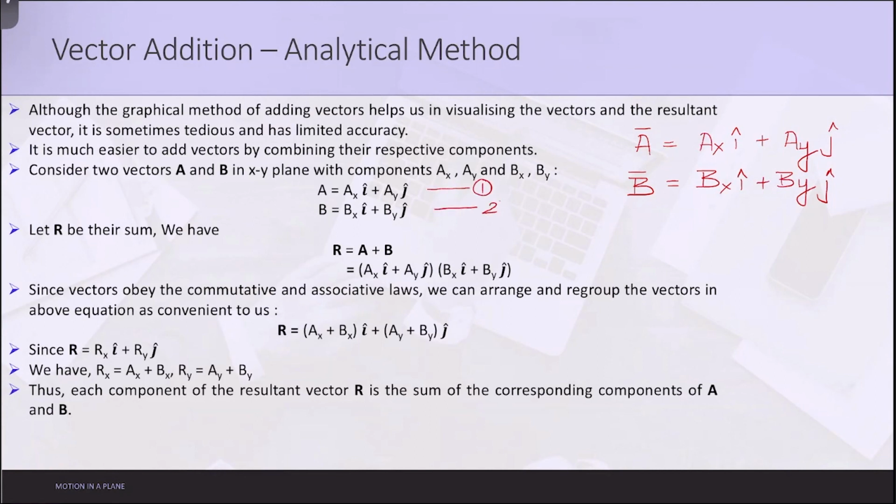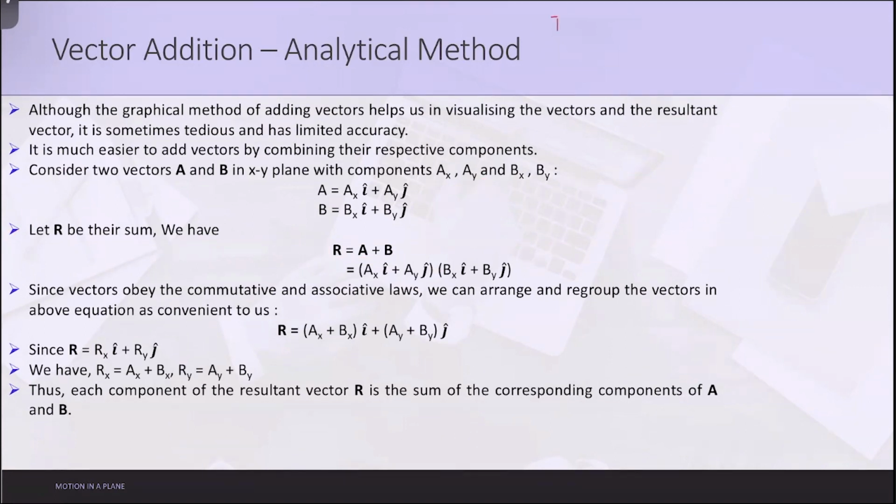Now let us move on to the next equation. Let R be their sum. If R is their sum, then we can write R is nothing but equal to a plus b. I think there is nothing wrong here. Now they wrote this as ax i plus ay j plus bx i plus by j.